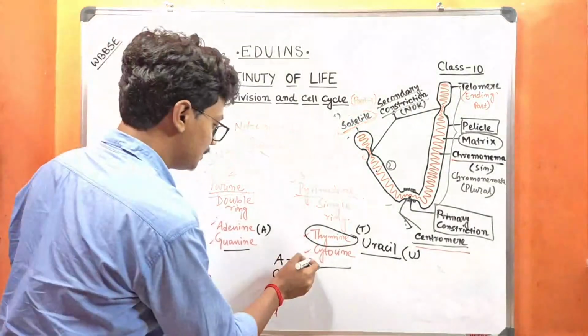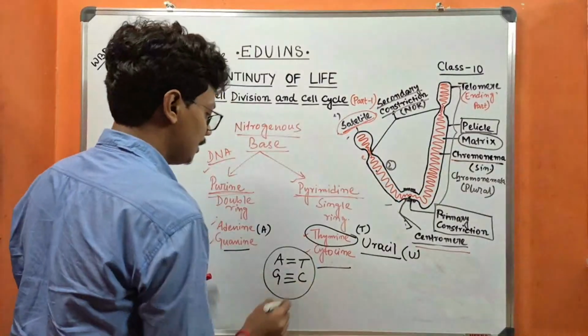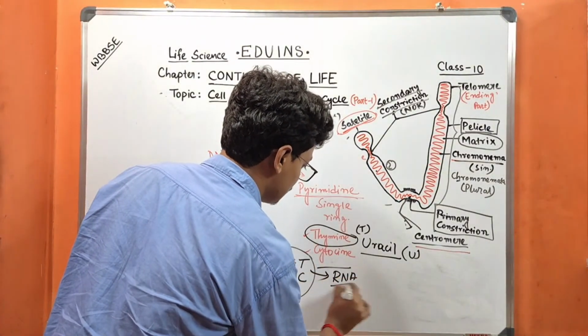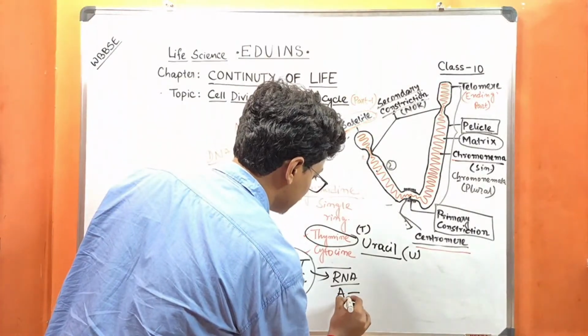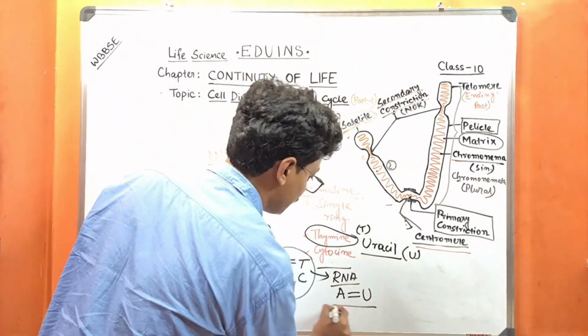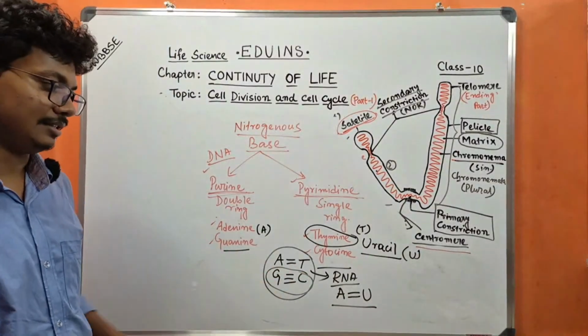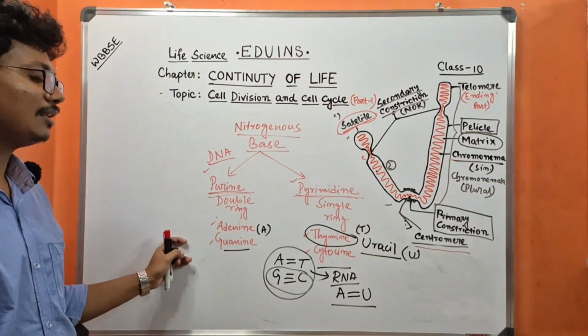And this is for DNA; in case of RNA, T is replaced by uracil, and guanine and cytosine remain as they are. So this is the structure.